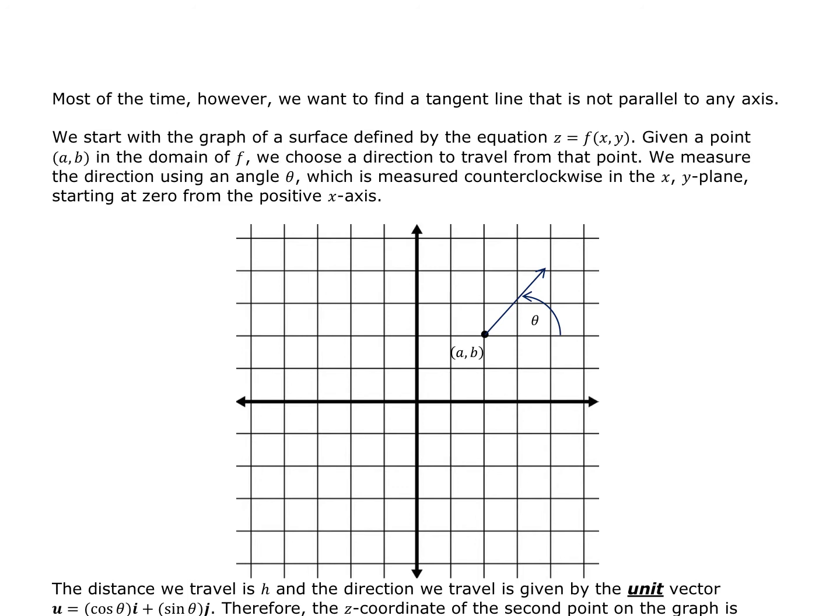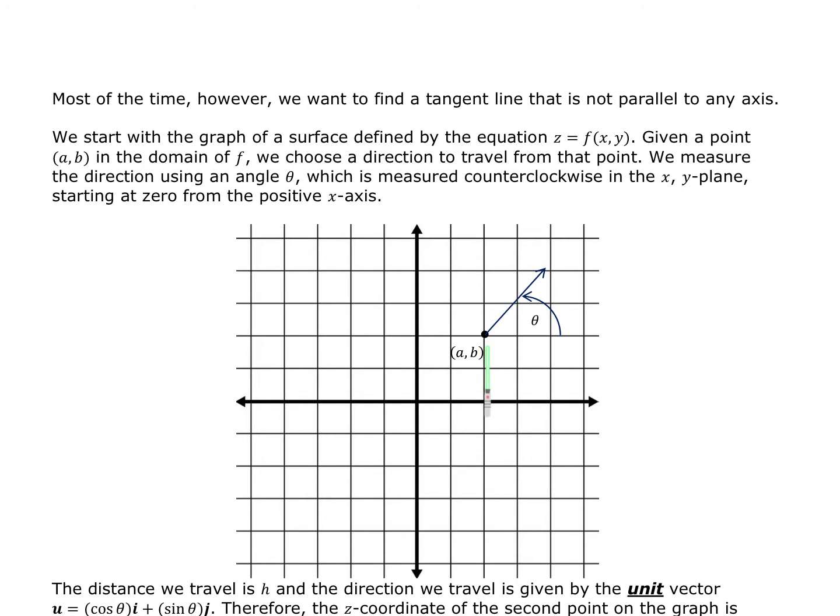More often than not, we want to find the slope of the tangent line in a different direction than the axis. That's called a directional derivative. In other words, I'm going in some direction of my angle, and I'm going to do it in 2-space first. My angle theta is defined like we normally would do in pre-calculus, starting on the positive x-axis and rotating.